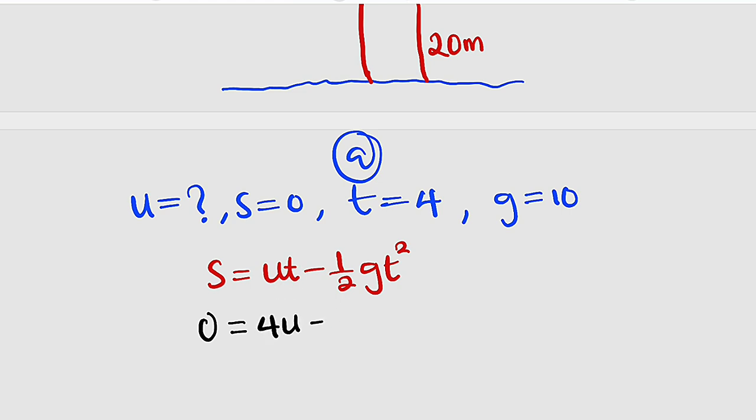Time is 4, so u times 4 will give us 4u minus 1 over 2 times g, which is 10. t is still 4 squared. 4 squared is 16. 16 times 10 is 160. Divided by 2 is 80. So 0 is equal to 4u minus 80.